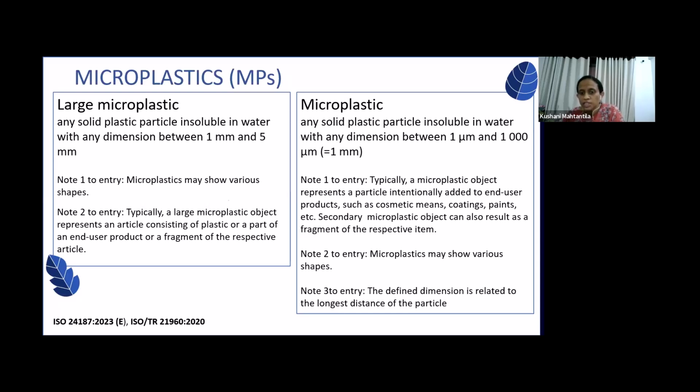Typically, a microplastic object represents the primary, intentionally added to end-user products, such as cosmetics and coatings, paintings. Those are primary microplastics, and secondary microplastic objects can also result as a fragment of the respective item. And also, the plastic may show various shapes, and the defined dimension is related to the longest distance of the particles, where large microplastics are any solid particle insoluble in water with any dimensions between 1 millimeter to 5 millimeter.